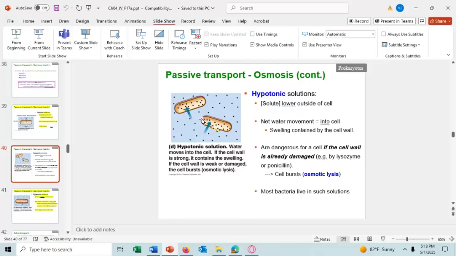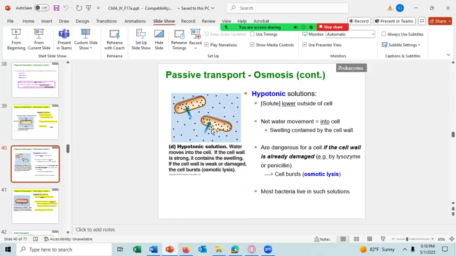That will prevent any further water from moving from outside the cell to inside the cell because there's no room for the water molecules inside the cell, because the cell membrane cannot expand. And that will prevent the cell from undergoing osmotic lysis because the cell wall is protecting the cell membrane, preventing more water from moving into the cell.